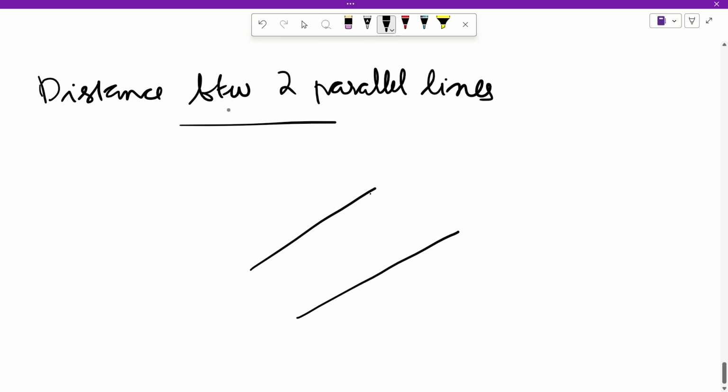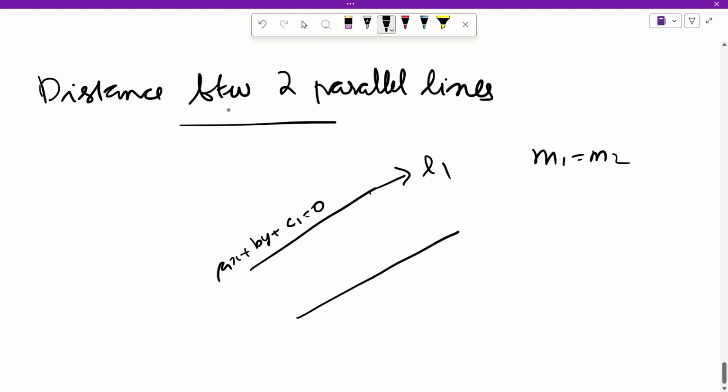One parallel line equation is ax plus by plus c1 equal to 0, because only the constant term must change. What is the concept between two parallel lines? The slope must be equal, m1 equal to m2. So in order to make it like that, this is the only way to give the equation, right?